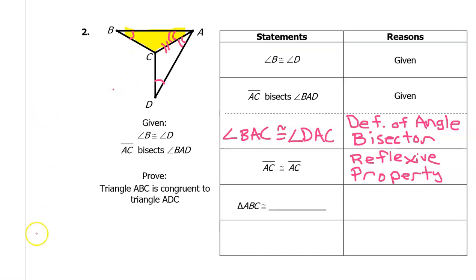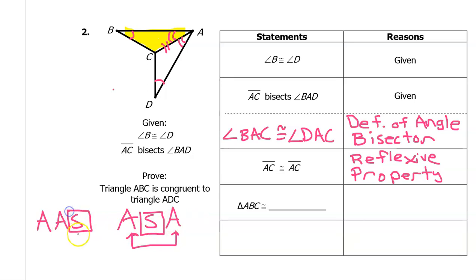So that means this is either going to be angle, angle, side, or it's going to be angle, side, angle. It all depends on whether or not the side is between the 2 angles. If it is, that's angle, side, angle. If the side is not between the 2 angles, then it's angle, angle, side.